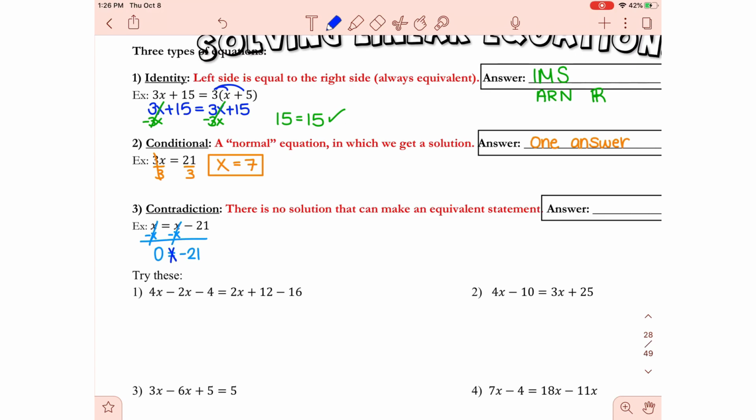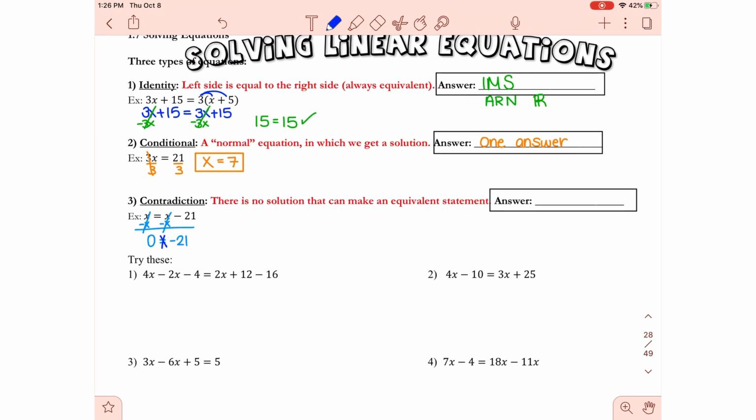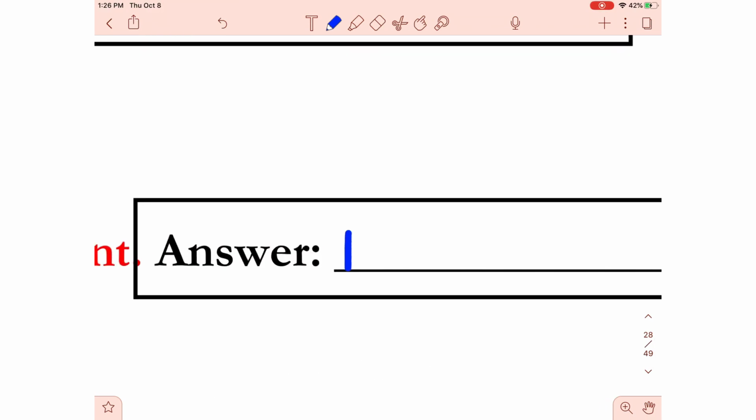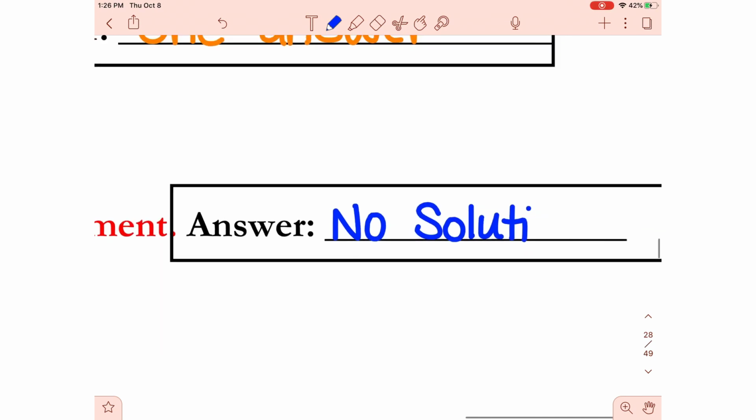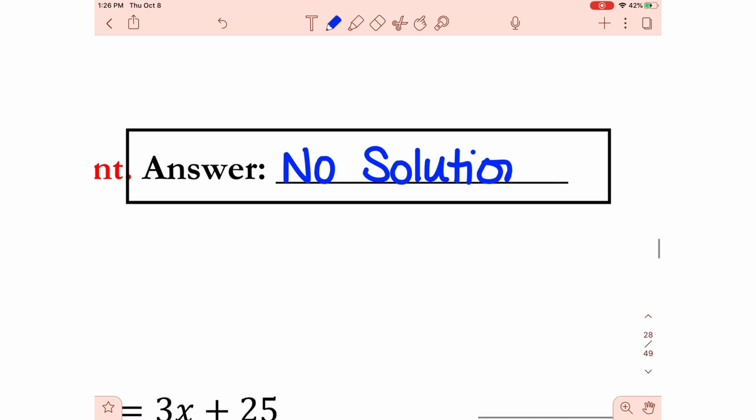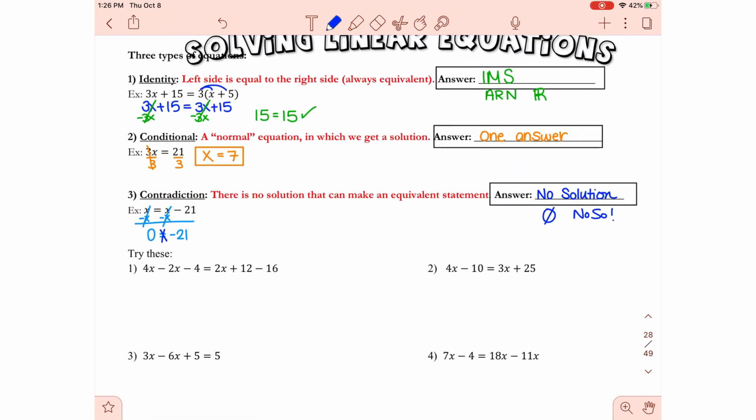So there is no solution that can make the left side equal to the right side. So this is a no solution. Now there are other ways to write no solution. You could do a circle with a line through it, or my personal favorite, a no-so. But those are all ways to say no solution. So those are the 3 types of equations.